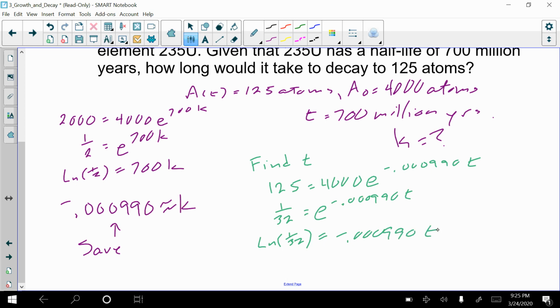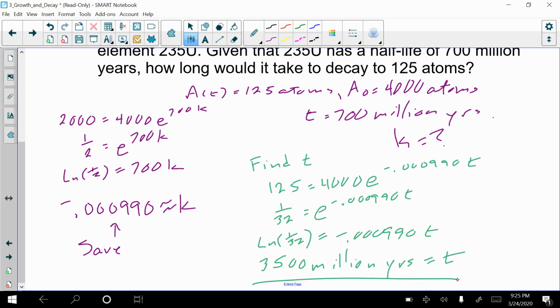You have that number saved in your calculator, and you divide that into the natural log of 1 over 32, and you're going to get the astonishing number of 3,500 million years for time. Quite a long time.